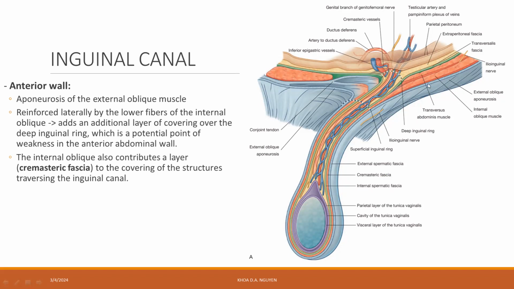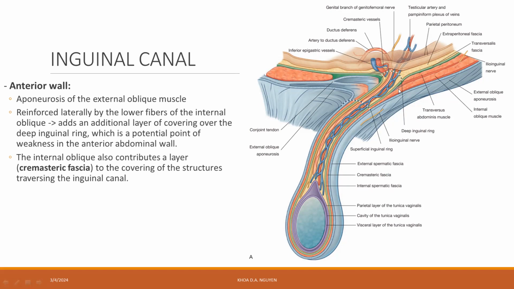If you look way over on the lateral side, you will see that the internal oblique reinforces the anterior wall a little bit more, so basically here and here. So the anterior wall is mostly formed from the external oblique aponeurosis, but on the lateral side, you will also see the internal oblique muscle and aponeurosis playing a role as well.